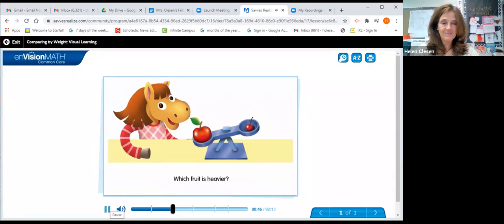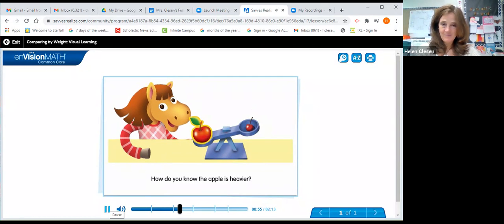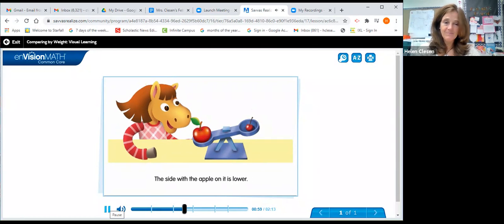Which fruit is heavier? I think the apple's heavier. What about you? The apple is heavier than the cherry. How do you know the apple is heavier? The side with the apple on it is lower.